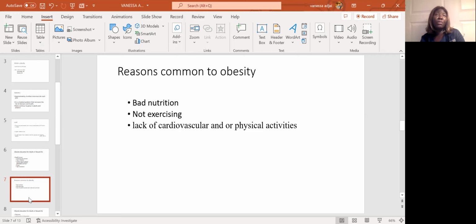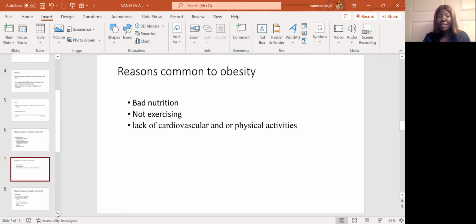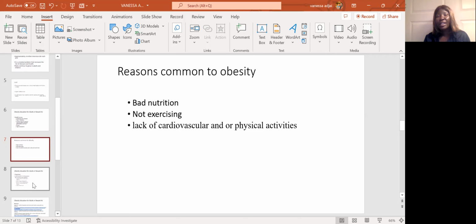They say little drops make a mighty ocean. So you can just do little things around the house that will help you move around. Physical activities are very, very important, so we have to make sure that we are exercising as much as we can tolerate.